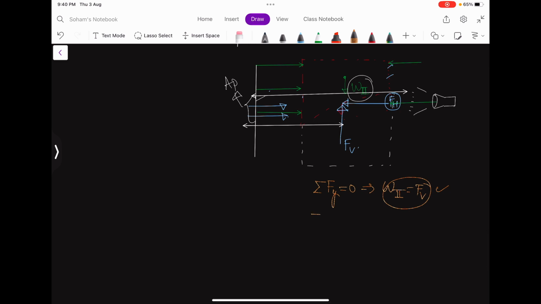And summation of Fx equal to 0 gives us Fh equals rho g hc Ap, and this hc and Ap both have to be calculated considering the projected area of the curved surface on the vertical plane.